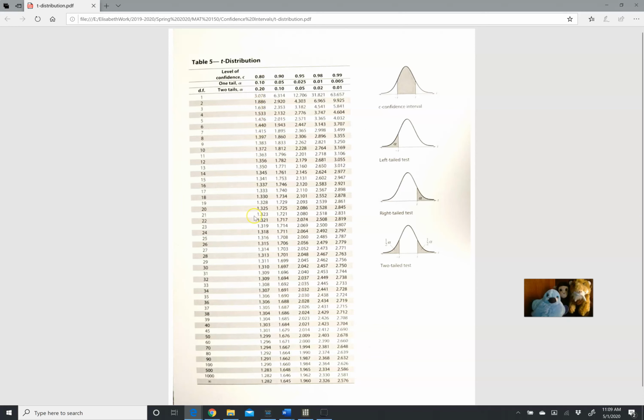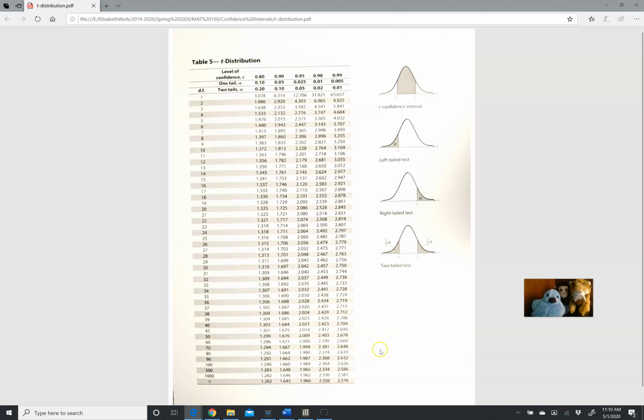We go all the way down to 30 and we get 1.310. So our critical values are positive 1.310 and negative 1.310. Two-tailed test, we look at this bottom row. One-tailed test, we look at the middle row at whatever our alpha is. And then we go down to the degrees of freedom.